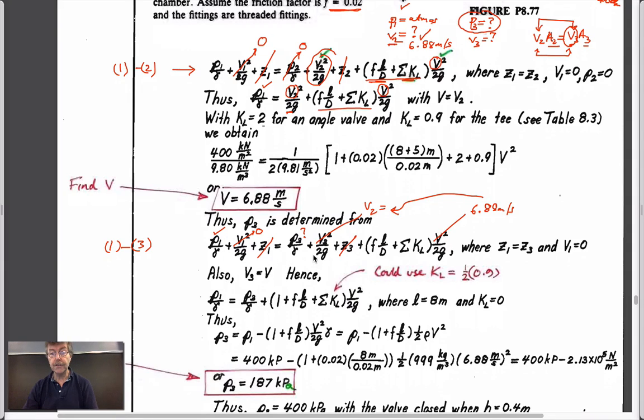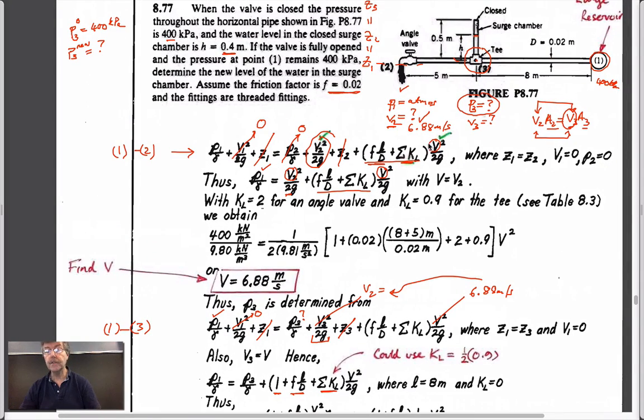So now what we're doing is we're taking the flow velocity at point 3, and we're putting it inside this. So this is that. This is the loss in the pipe. This is the loss in the fitting. Now the pipe originally was the full length of pipe from here to here.